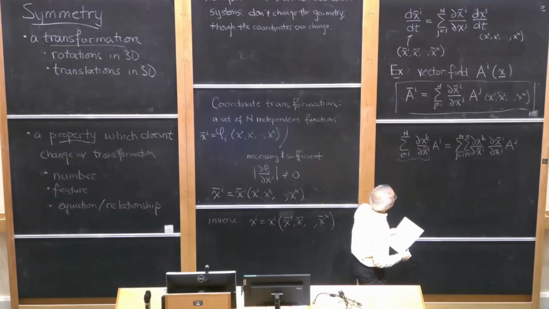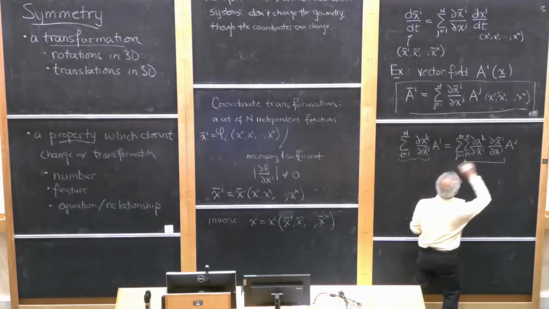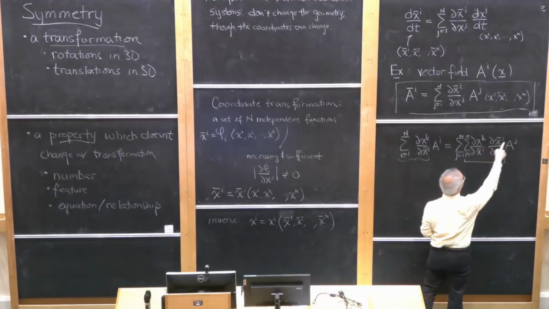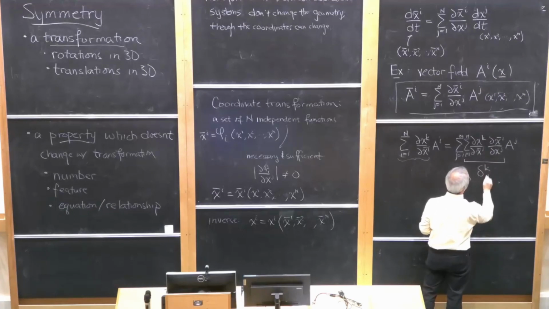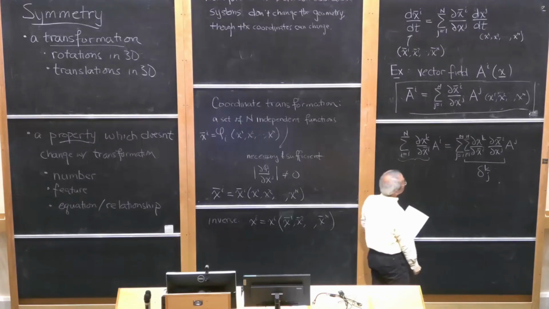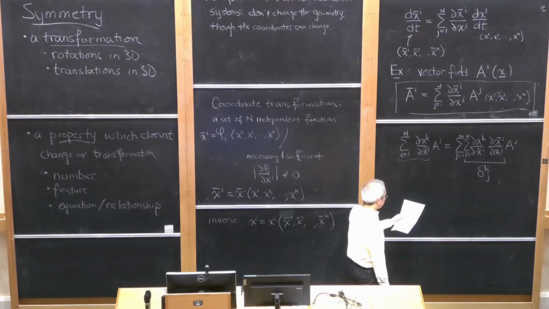Now, of course, if you look at that sum right here, you're actually summing over the i's. What that should give you, when you do that sum, is just a Kronecker delta function, delta kj. And have I done anything wrong here? Yeah, I think that's all right.